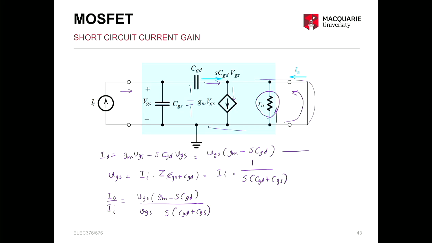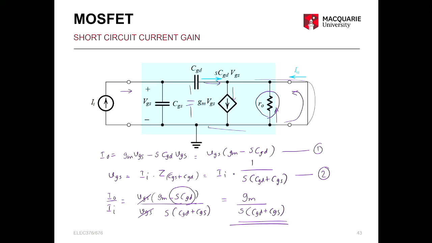So that is from these two equations. VGS is common, and this term compared to gm is quite small. So you can write it as gm divided by s (CGD plus CGS). So this is your short circuit current gain, and you can see that this is different from BJT.